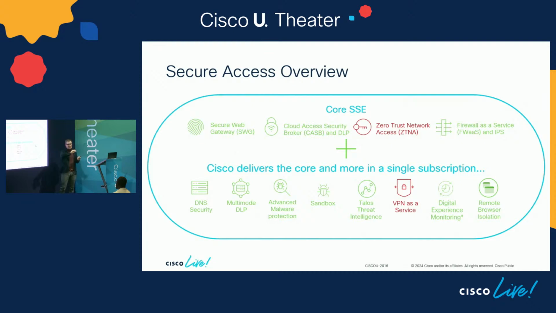And your users establish this VPN session to the VPN headend, and they get access to the private applications. But what can we do now with Secure Access? We can turn this concept into an as-a-service model. So now it's Cisco's responsibility to maintain the VPN headend and to provide you this VPN termination connection point.